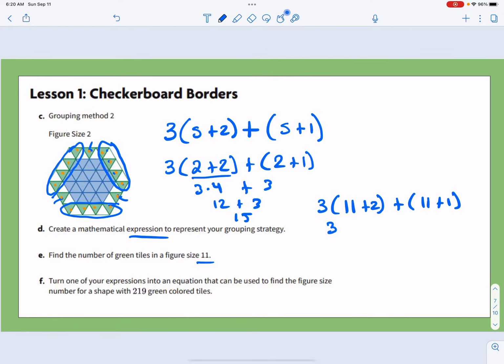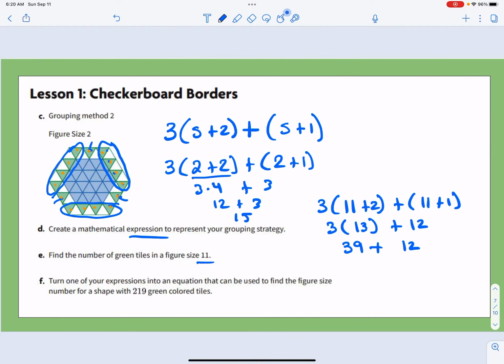And we're going to have this be 3 times 13 plus 11 plus 1 is 12. So we have 39 plus 12. Is that right? And in this case, we would have 9, 3.